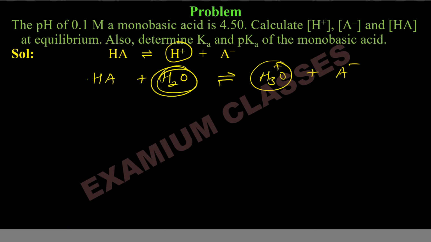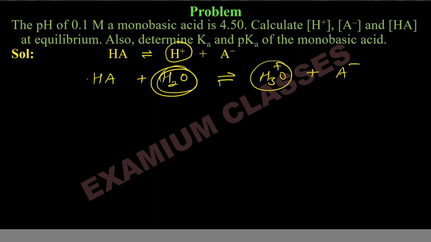Then some dissociation will take place. Suppose x got dissociated. Remember, here I am not using the formula C alpha square divided by 1 minus alpha. You can do this question by using that method also. Why am I not using it? Because the degree of dissociation has not been asked.